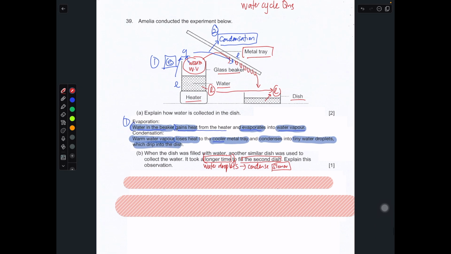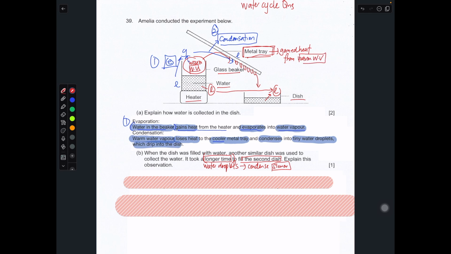And you notice that this part, right, when the metal tray, which serves as a condensing surface for the water vapor to condense on, will eventually gain heat. And it gains heat from where? It gains heat from the warm water vapor.